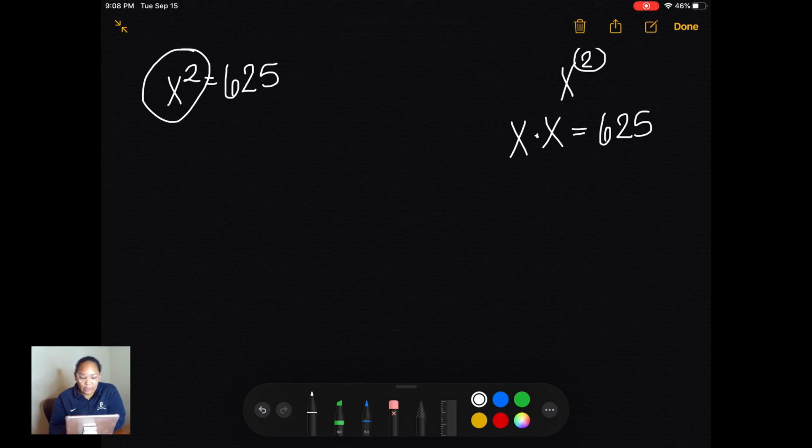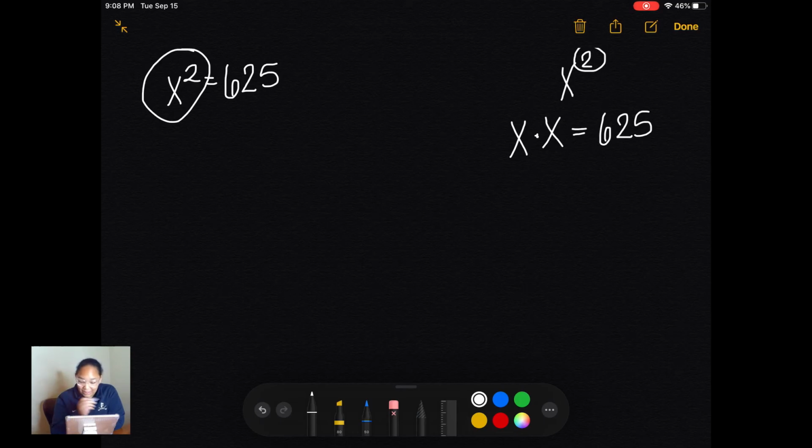So it mimics this pattern of something times something equals something else. To do that, I usually suggest that people memorize these, and a lot of times I suggest going up to 12. But obviously this is a little farther than 12, because 12 goes up to 144 and this is 625.